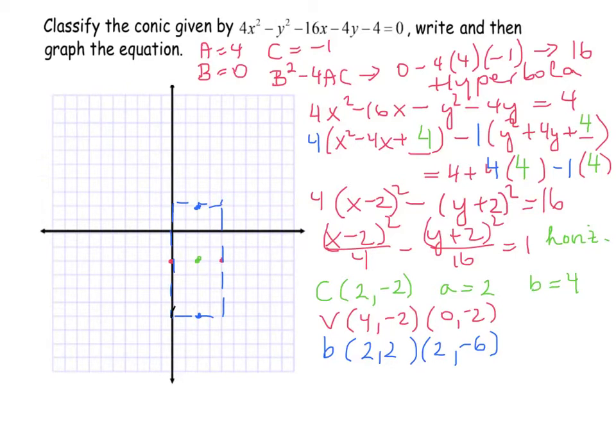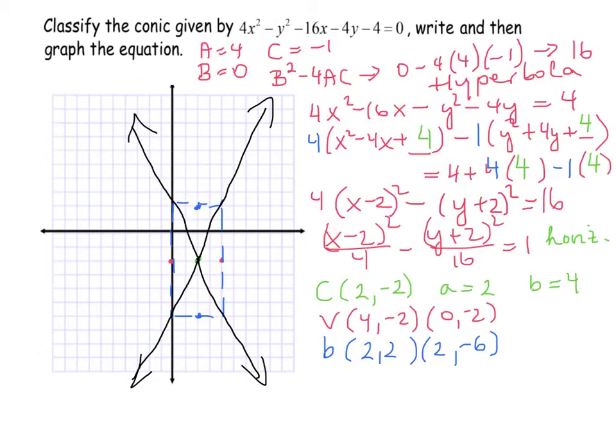Remember, the asymptotes are the diagonals of the box, and they go through the center also. So here's one of my diagonals, and here is the other diagonal. At this point, I can graph my two prongs of my hyperbola horizontally, which I'm going to create in red. So here are my two prongs. This is the right hand side one and the one on the left hand side.